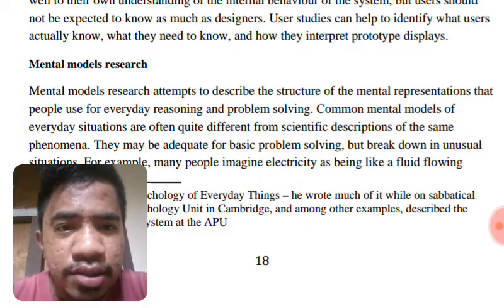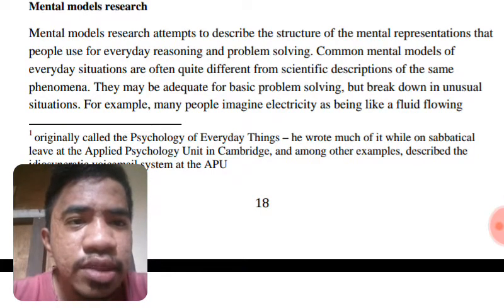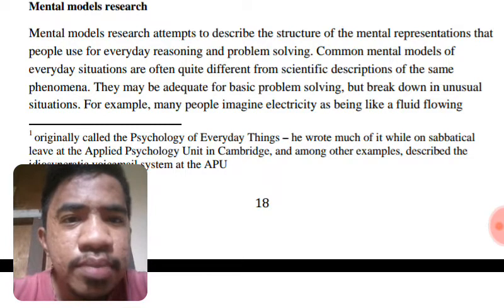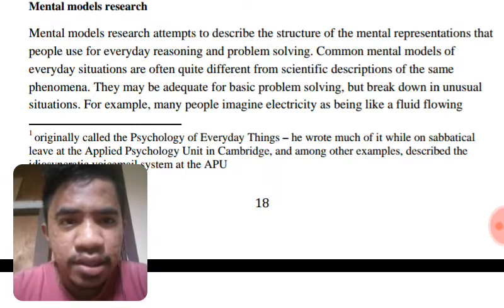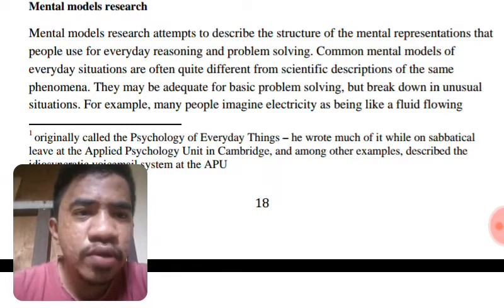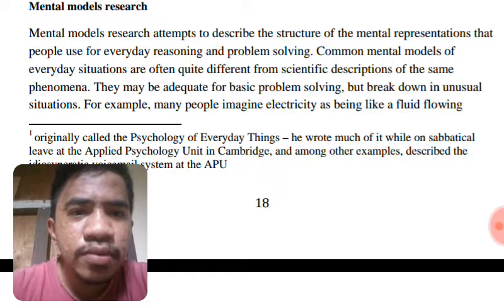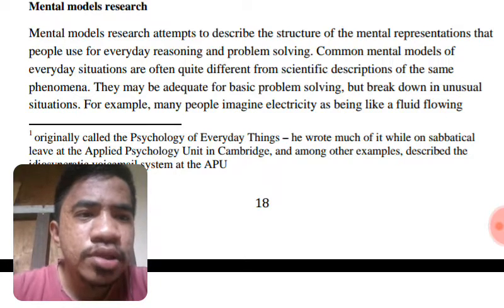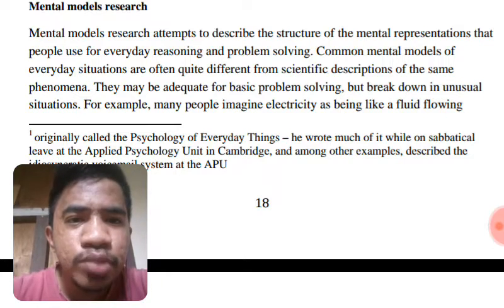Mental model research attempts to describe the structure of the mental representations that people use for everyday reasoning and problem solving. Common mental models of everyday situations are often quite different from scientific descriptions of the same phenomena.